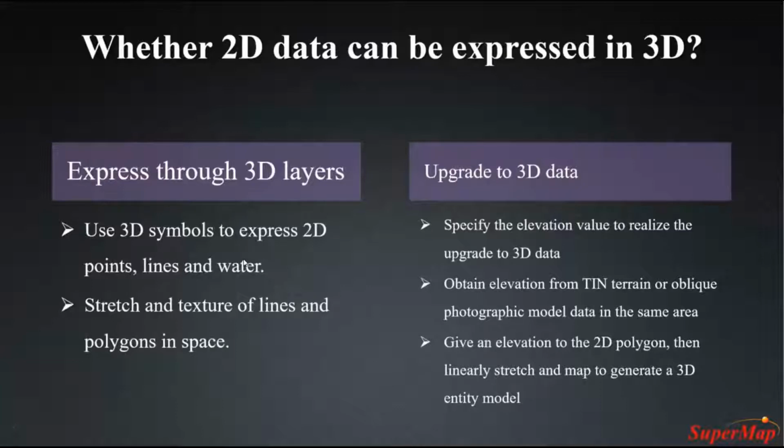For example, the polygon refers to the water surface, so we use 3D symbols to express the polygon of the water. That is the first method to express the 2D data through 3D layers.